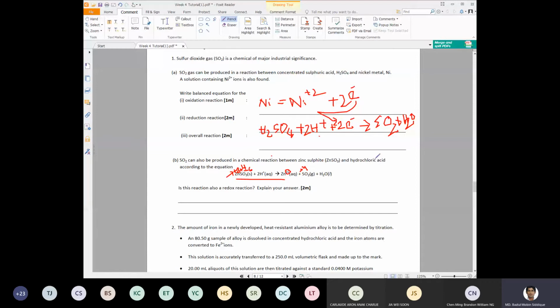Although electron transfer happens from one to another, there is no net change. If there is no net change in the oxidation state, it is not an oxidation reduction reaction. So anyone else, any other question?